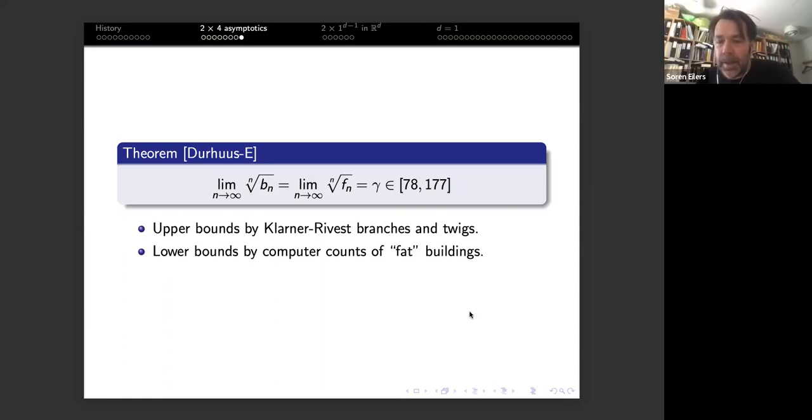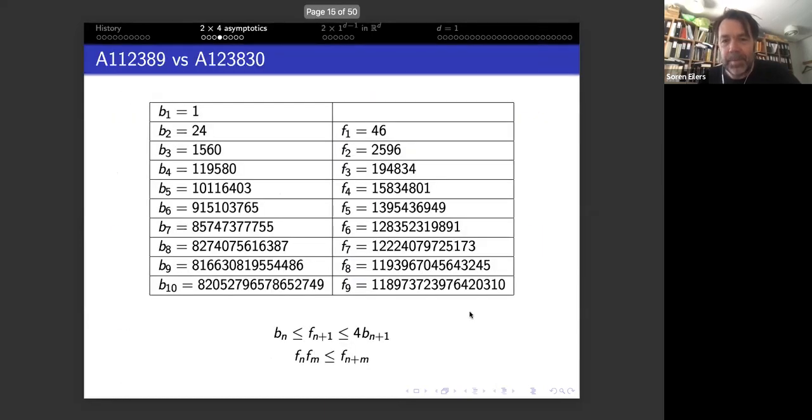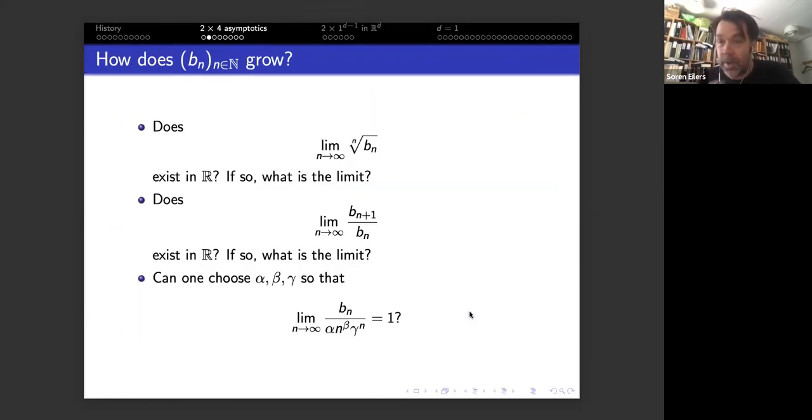Absolutely, that's a good point. I'm going to discuss it in the context of 2x1s, but let me say what I think I know here. I still believe the answer is yes to this question, and my guess is that the number that I'm calling gamma, which determines the exponential growth, is roughly 117.